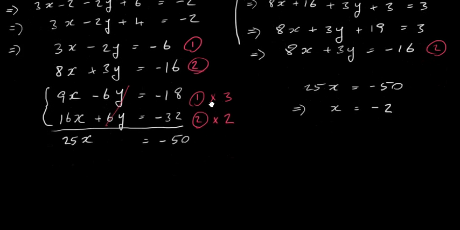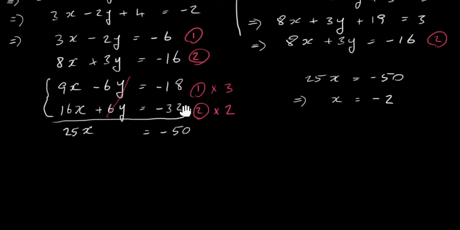X is minus 2. So now I've got to work out what y is. Okay, so let's pick an equation. I have equation 1 here, I have equation 2. I can use either one. I'm just going to pick equation 1 here. So that's 3x minus 2y is equal to minus 6. This is equation number 1.